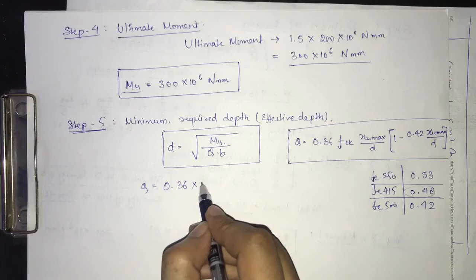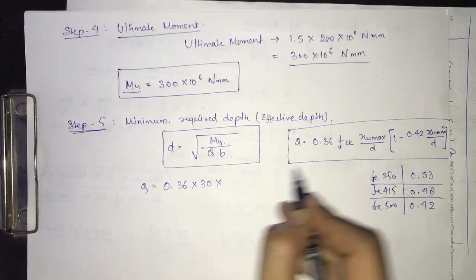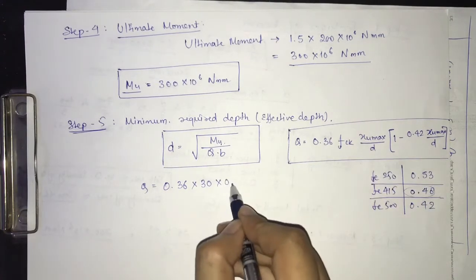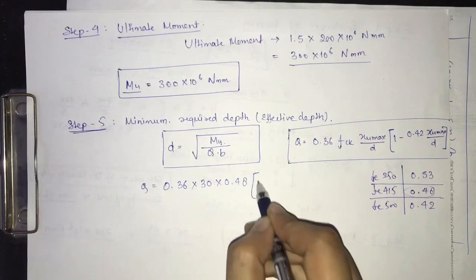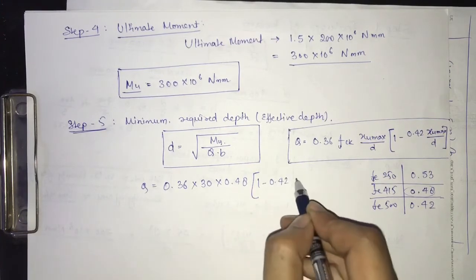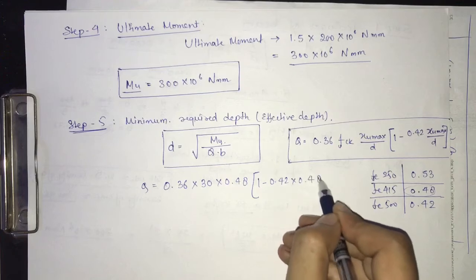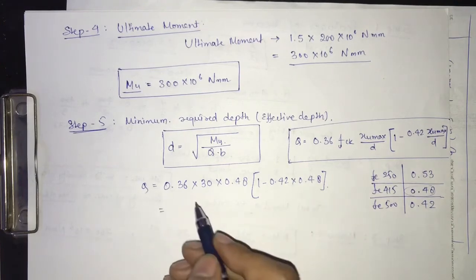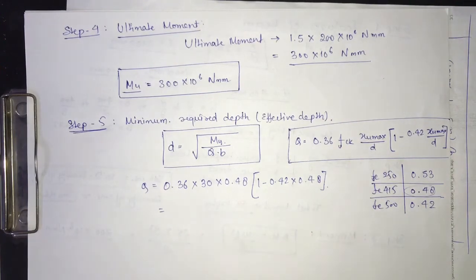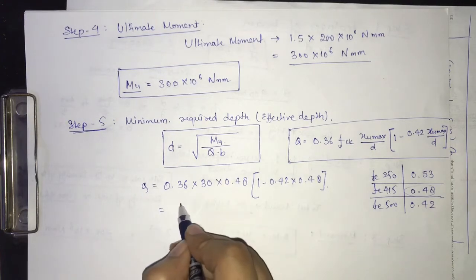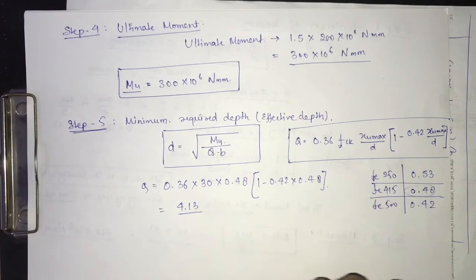The grade of concrete is 30, xu max by d is 0.48, and 1 minus 0.42 into 0.48. So after the calculation, you'll have the value. It is 4.13.